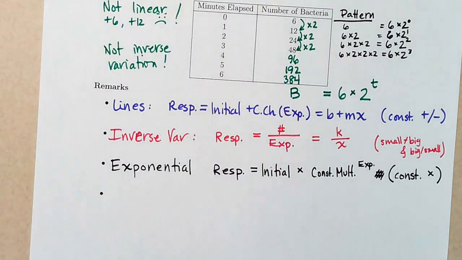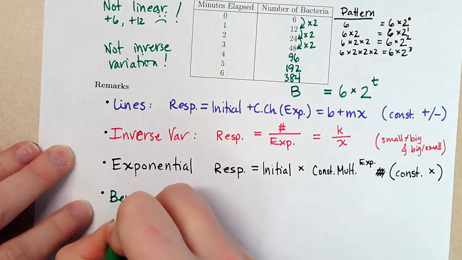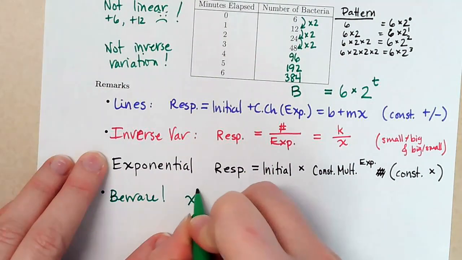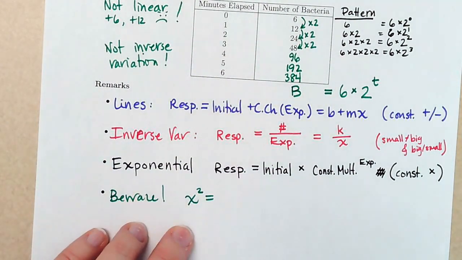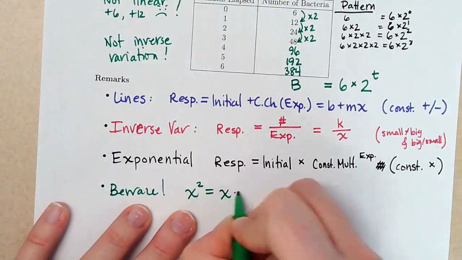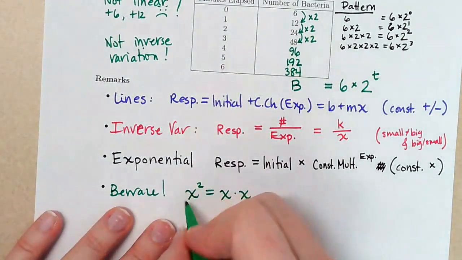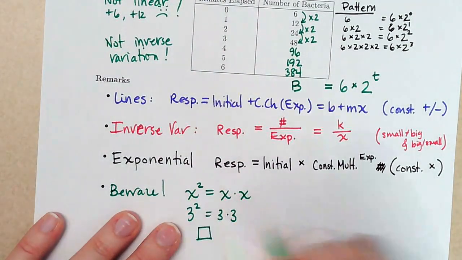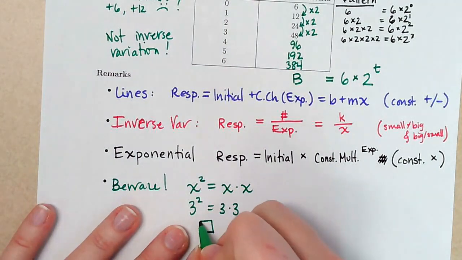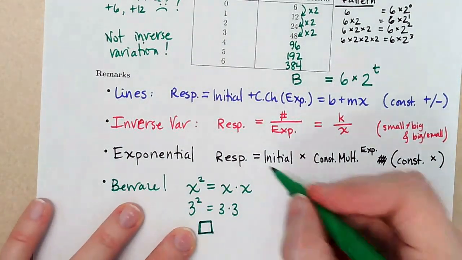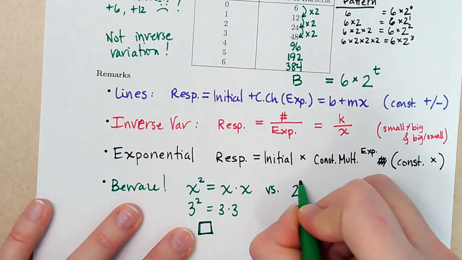And my last comment here is actually kind of a warning. Beware that many people accidentally get mixed up with exponents and multiplying. So x squared is x times itself. For instance, 3 squared is 3 times 3. These are like squares: this would be a 3 by 3 square with an area of 9, or an x by x square with an area of x squared. Versus 2 to the x.